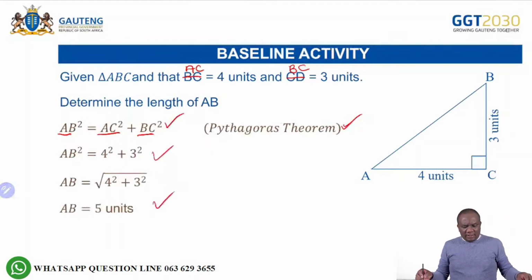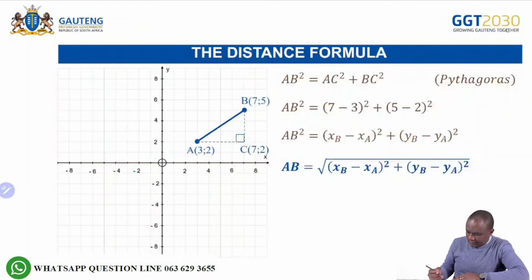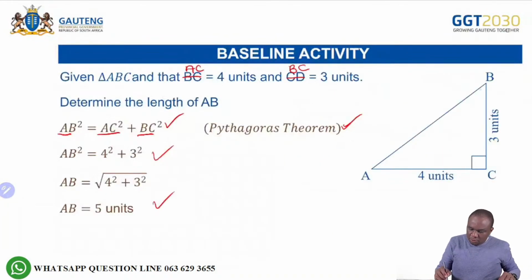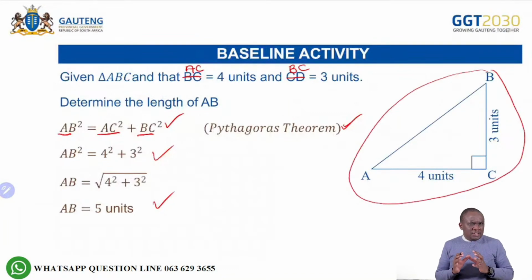Okay, right. Now, I want us to look at the distance formula. I want us to discuss, where is this distance formula coming from? Please pay attention, then I'm going to give you time to write notes. If you check, let's go back a bit. I've used this triangle to do our small investigation.